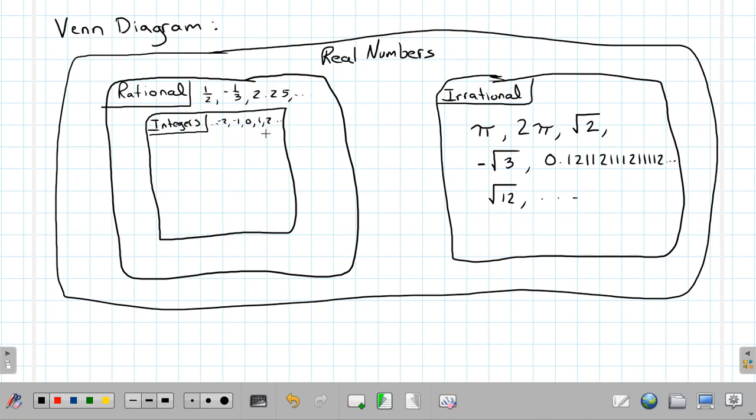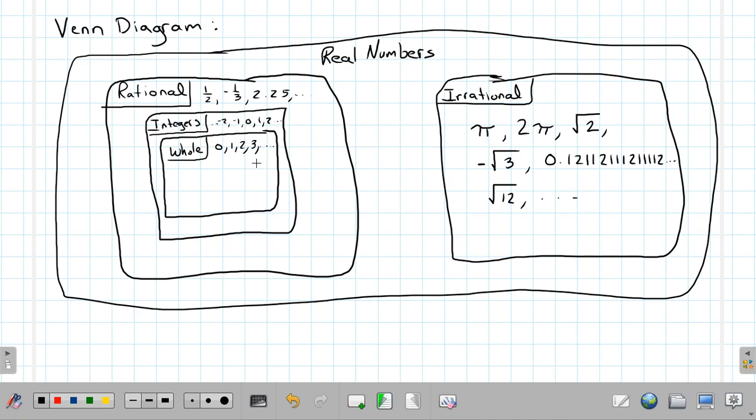We can actually keep doing this because the next layer down are the whole numbers. Well, once again, that's 0, 1, 2, 3, ... Okay, going on forever. So once again, if a number is a whole number, then it's also an integer, and it's also a rational number, and it's also a real number, okay?